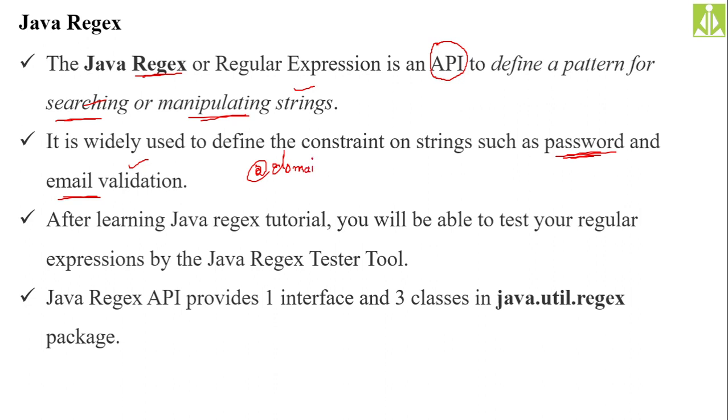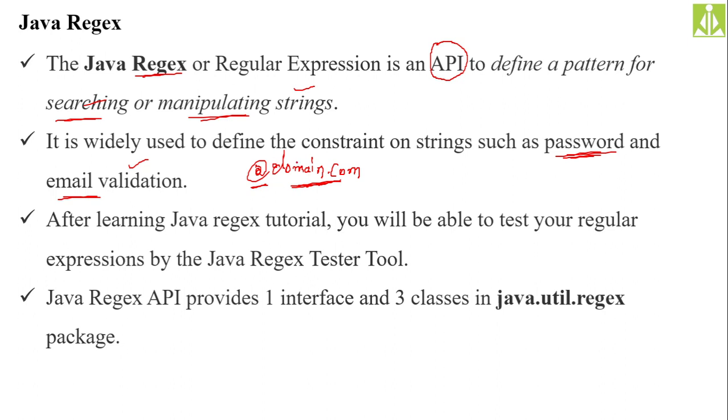If you are asking the end user to enter the email ID, but instead he enters something like his name, then how are you going to identify that he has not entered the email ID, rather he entered his name? Just by checking this at the rate followed by the domain name. If the entry has this at the rate followed by the domain, then you can treat that entry as an email ID.